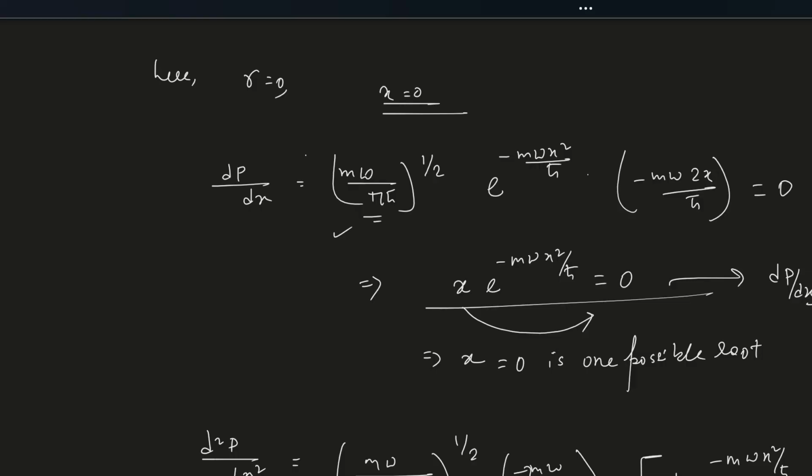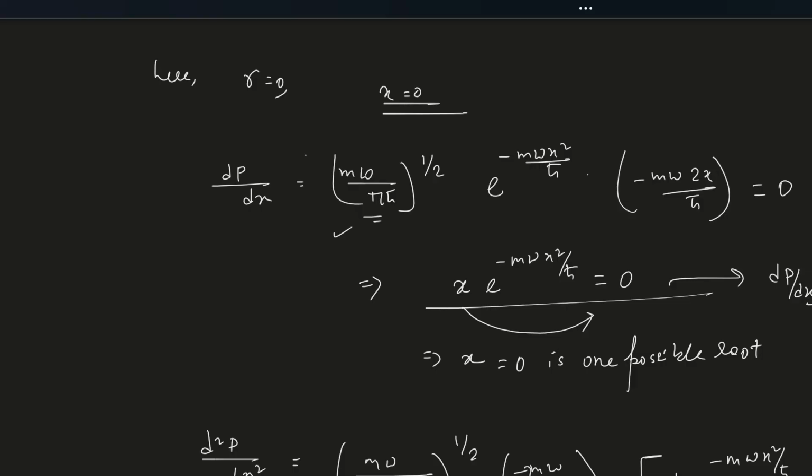This is not plus, this is a product. You now have m omega by pi h cut to the power of half, times minus 2 m omega by h cut.